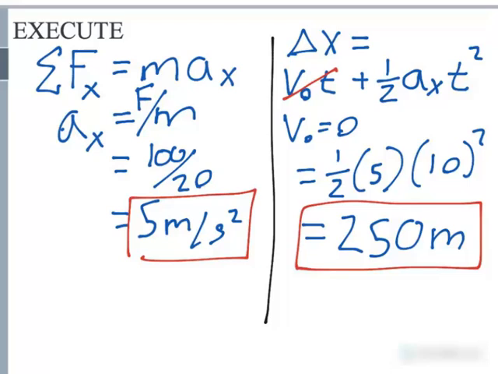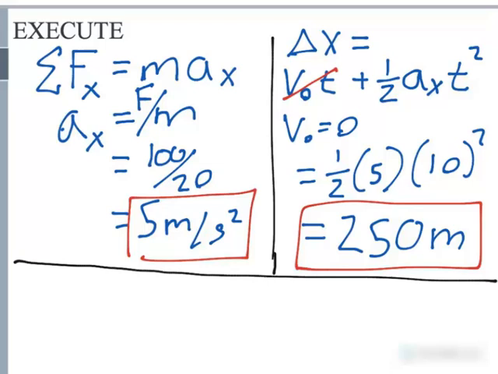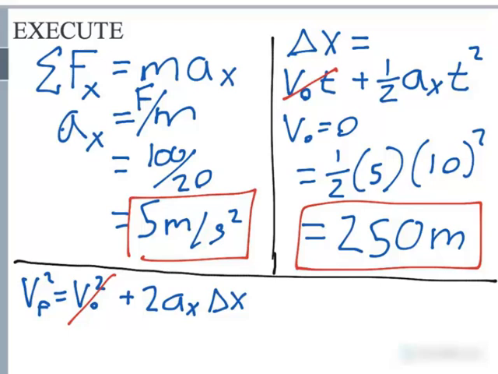And now all we need to do is solve for the velocity. We'll use this bottom portion here. Remember, the equation we were using was v final squared equals v initial squared plus 2 a_x times delta x. Again, this initial velocity is 0, so we can get rid of that to start with.